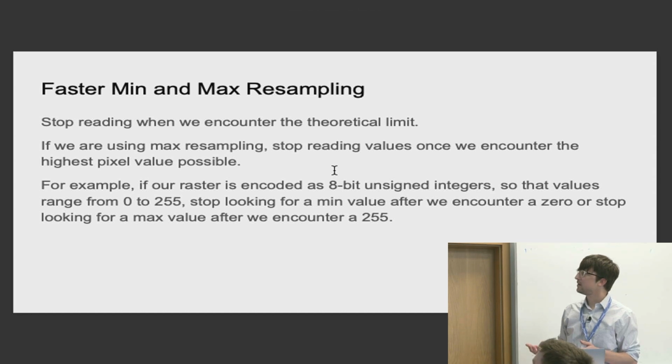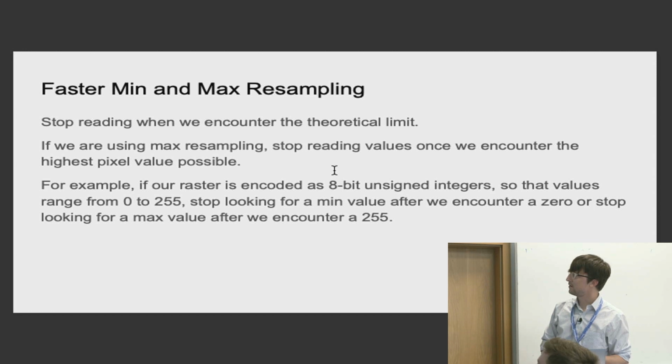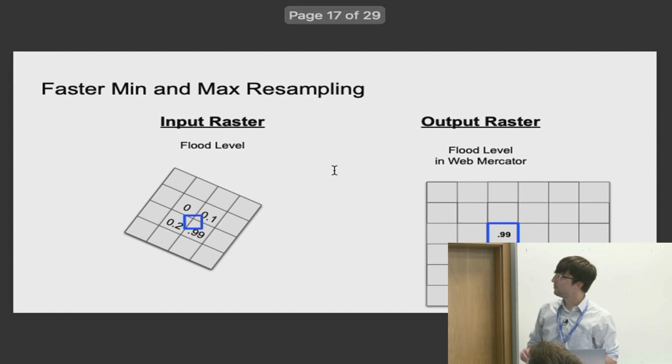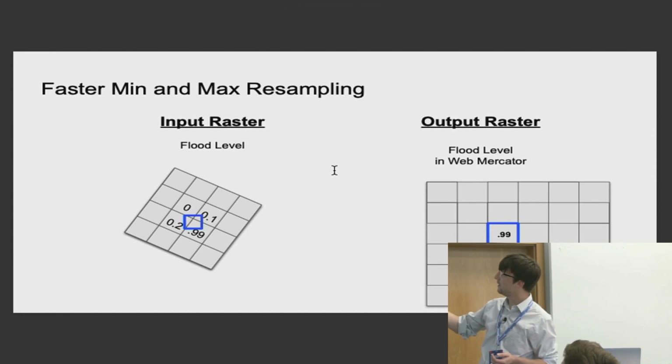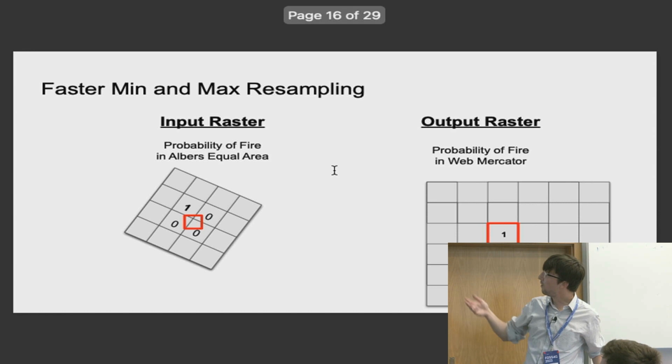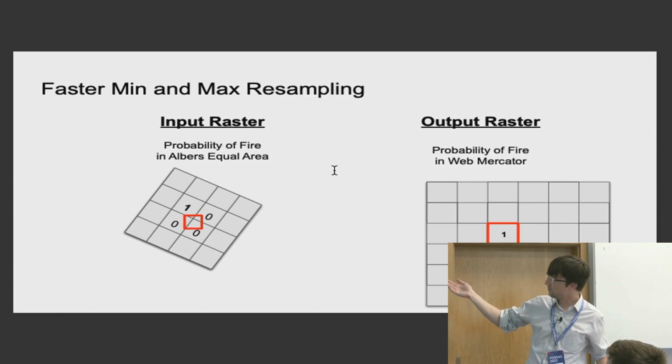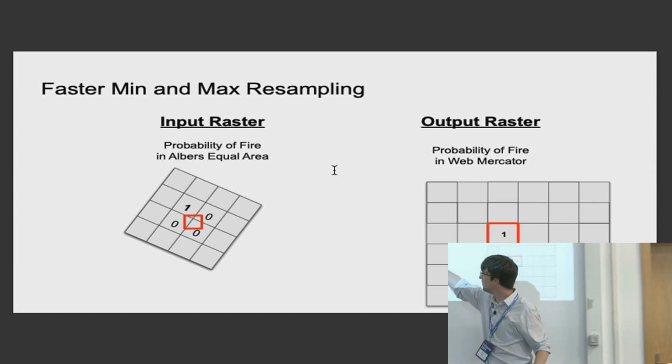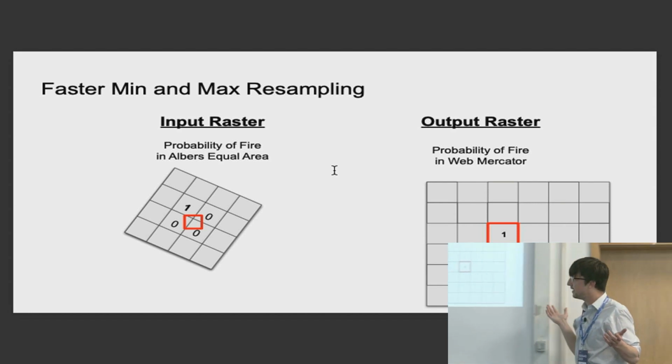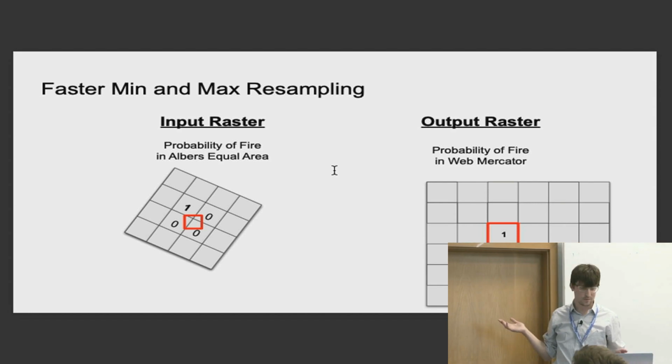And the principle here is that we can just stop reading values once we encounter the highest or the lowest possible value. If we start reading here and we hit 1 on our first one, then we know we've already hit the highest value, so why read the other ones?